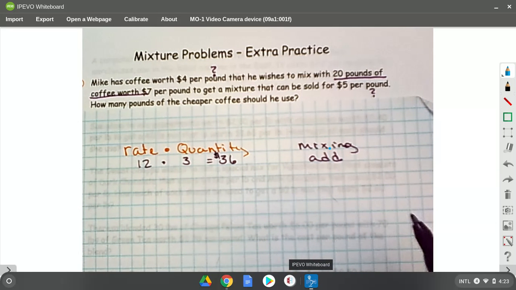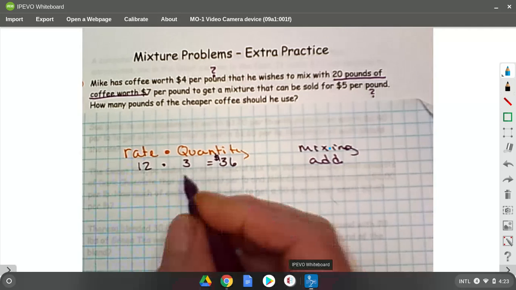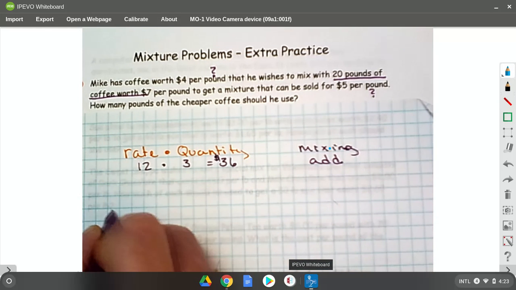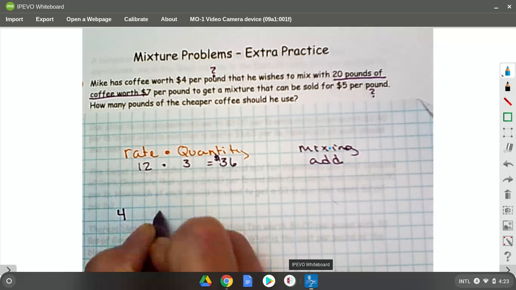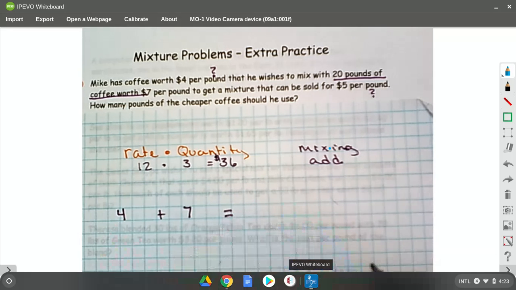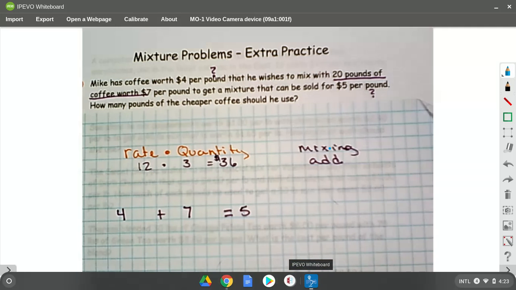But I do know that I am going to add my $4 coffee with my $7 coffee, and that's going to equal my $5 coffee, right?